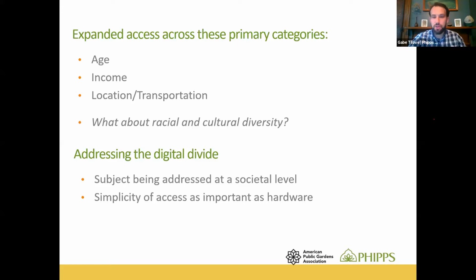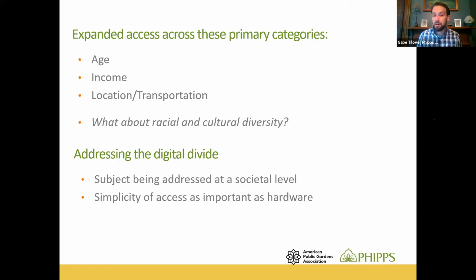The other thing that you'll hear a lot when talking about expanding access is a question about the digital divide. What that often refers to is some people have technology, some people don't. So they may not have a laptop at home or may not have access to a regular internet connection. I'm not going to address that much today because I think that is a subject being addressed at a societal level.